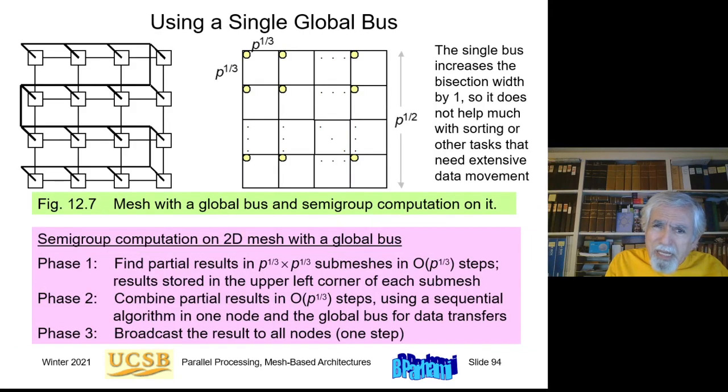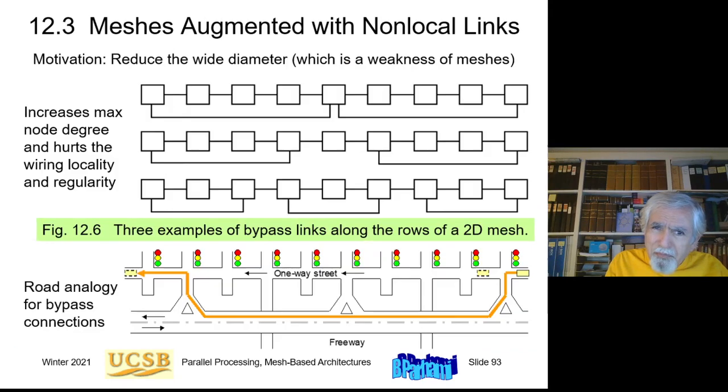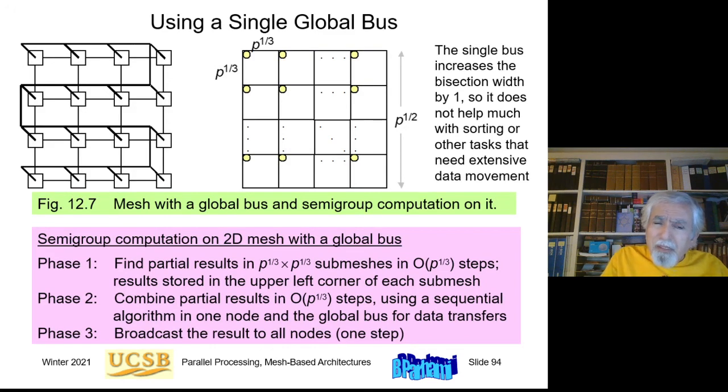Now, assuming that I can use buses, several ideas come to mind. So here I use the mesh with its local connections as usual. Okay, but I also have this bus that connects everything together.